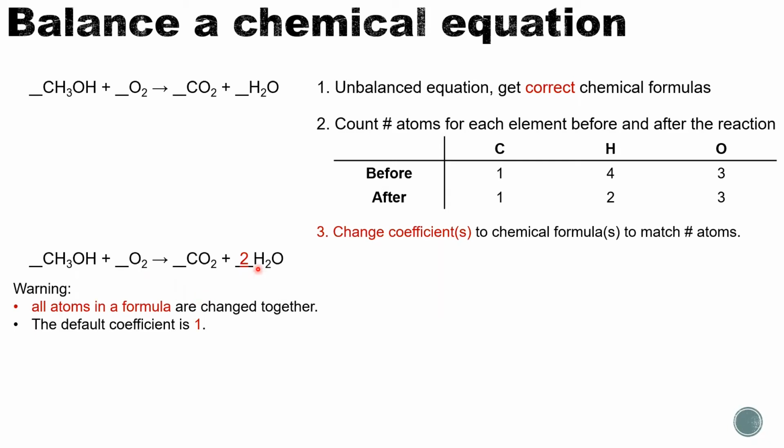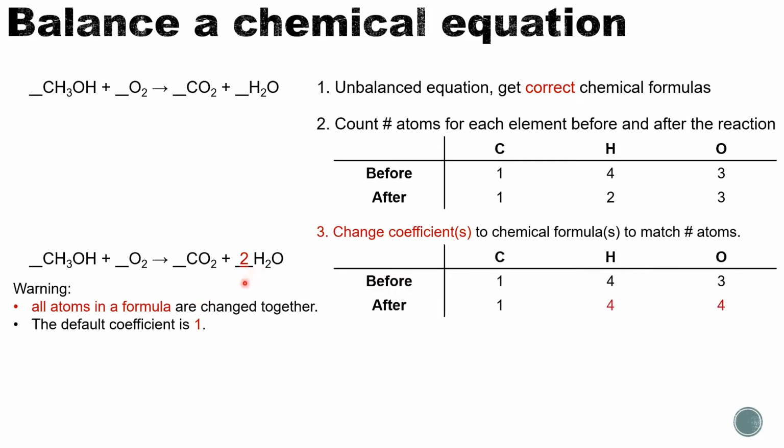For the blanks we did not fill in, we'll assume it's 1 there. After filling in the 2 here, we changed the number of hydrogens. Now we have 4 hydrogens in product. But we also changed the number of oxygens. In total, after the reaction, we have 2 plus 2, which equals 4 oxygen atoms. Carbon is balanced, hydrogen is balanced.